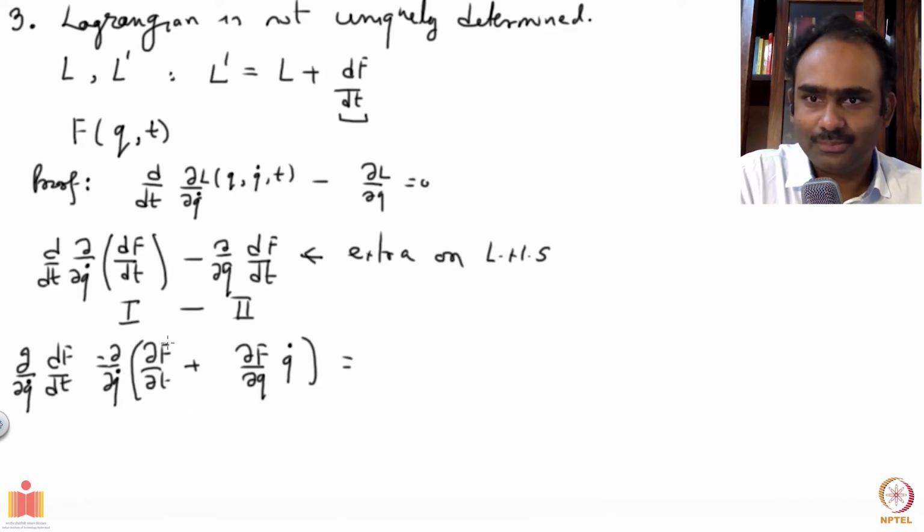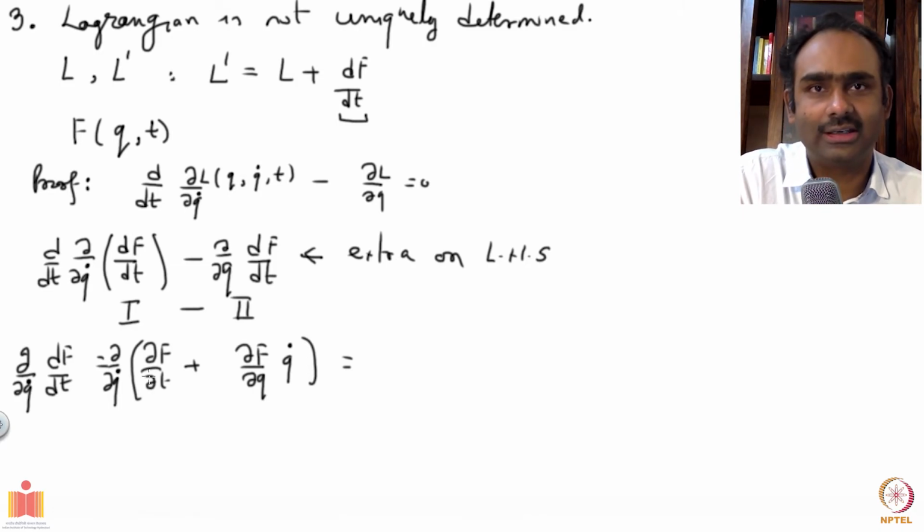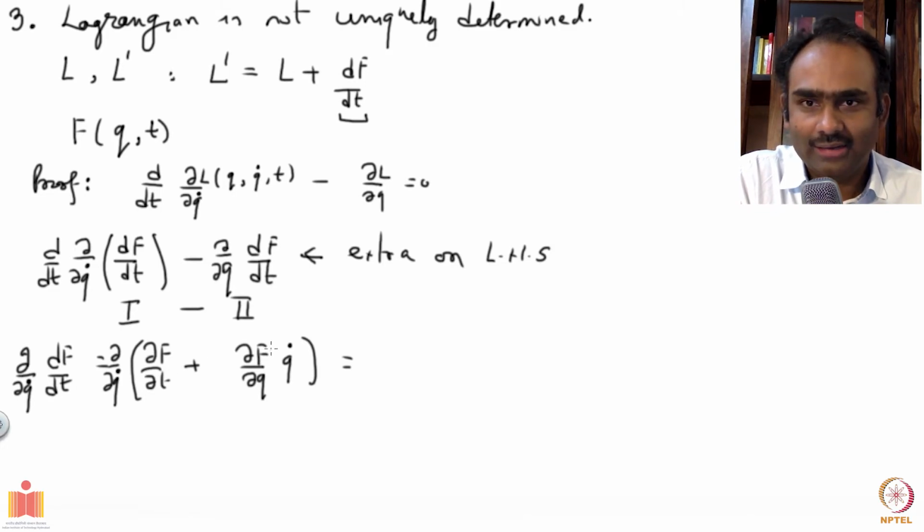Look at this piece. It is only a function of q and t, because taking a partial time derivative will not generate any velocity terms. And this piece, del f over del q, will be only a function of q and t. The velocities are only in here.